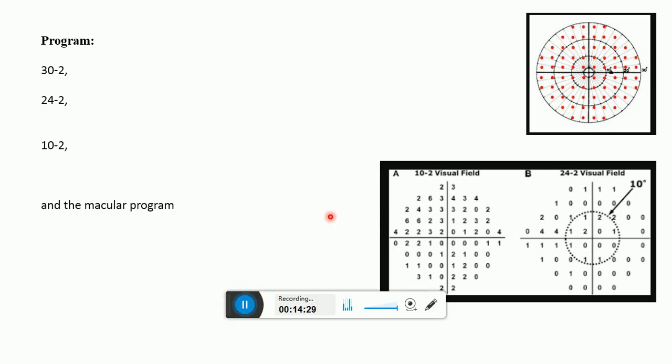Instead, the points are equidistant from this line. Here you can see the points are equidistant from this line. This helps to better document the visual fields obeying the horizontal midline in glaucoma and vertical midline in the visual pathways lesion.